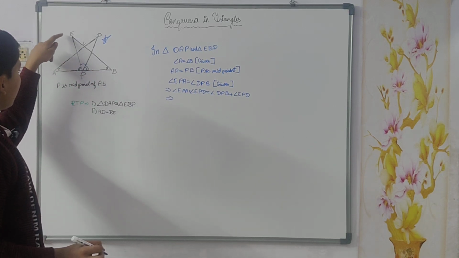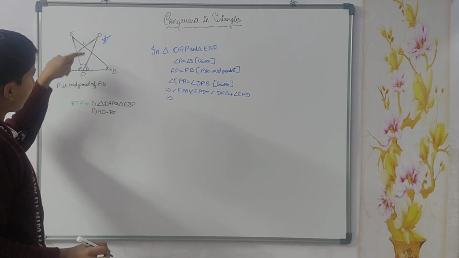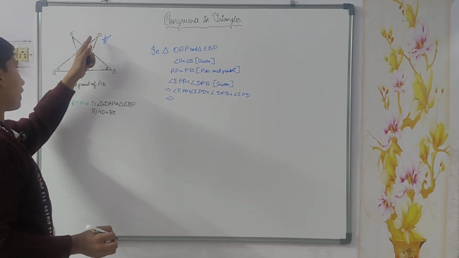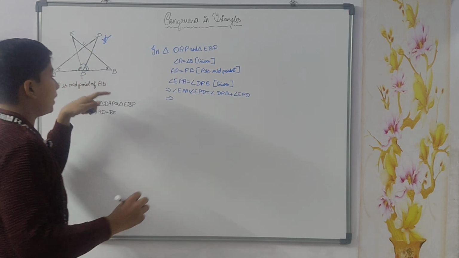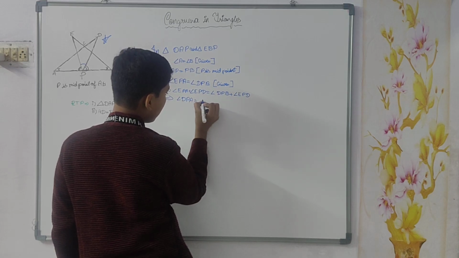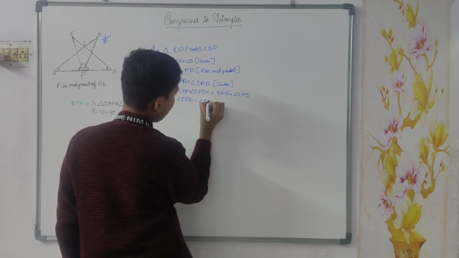And the same with this: if you add this angle to this one, it will be this one. Hence, we will get angle DPA equal to angle EPB.